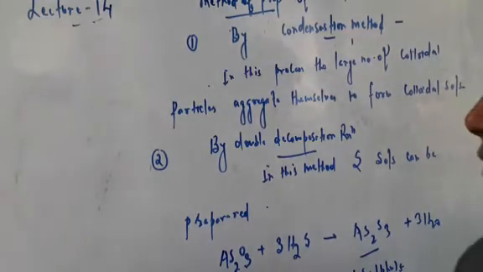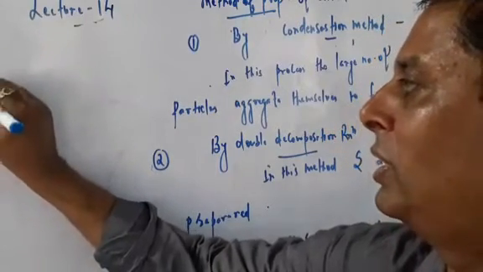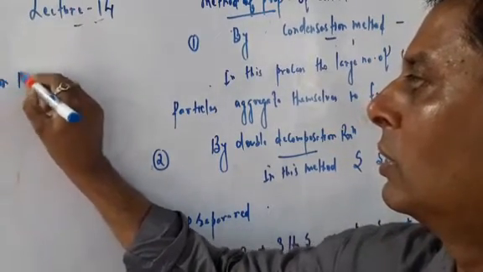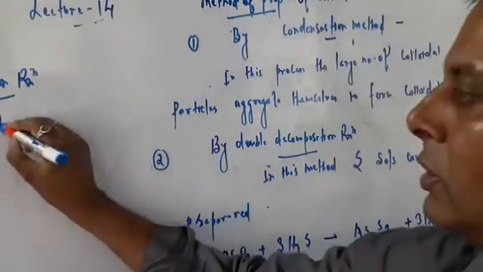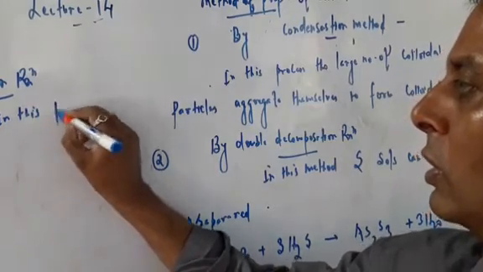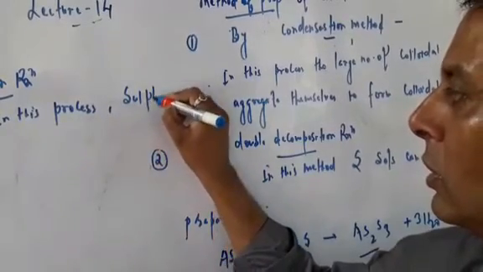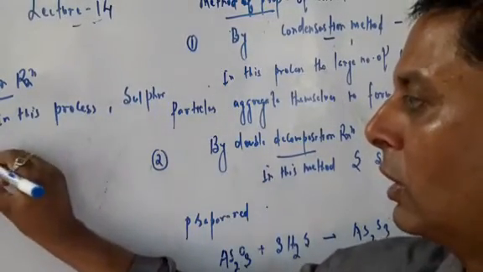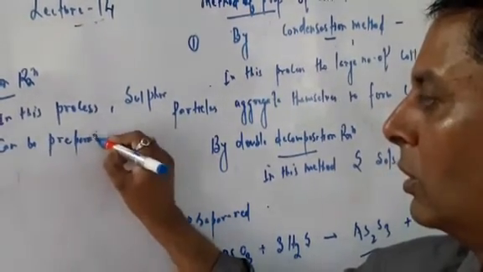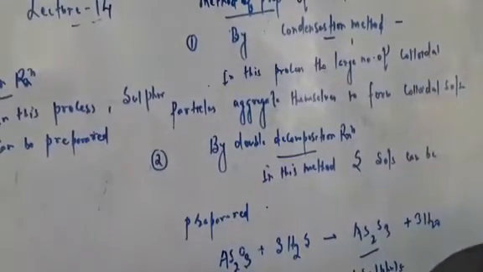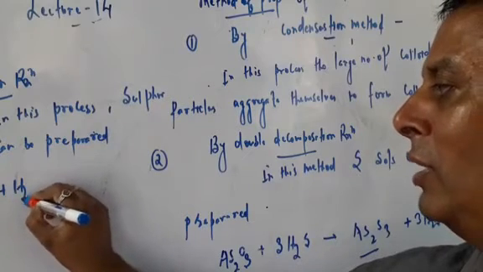The next method is by oxidation reactions. In this process, sulfur sol can be prepared by the reaction between bromine and hydrogen sulfide.